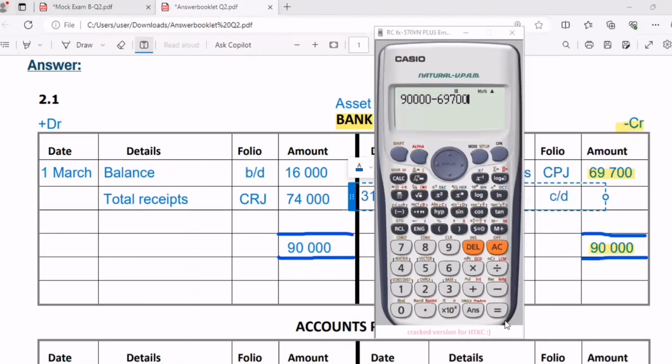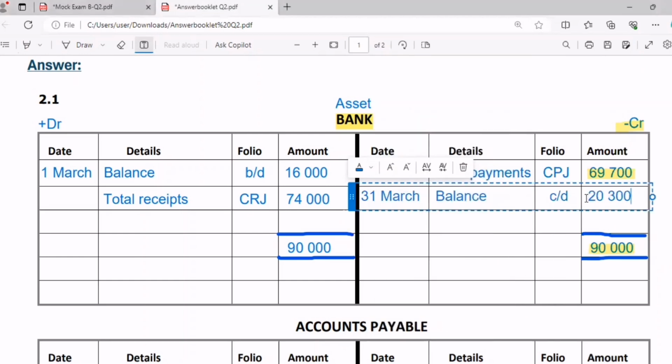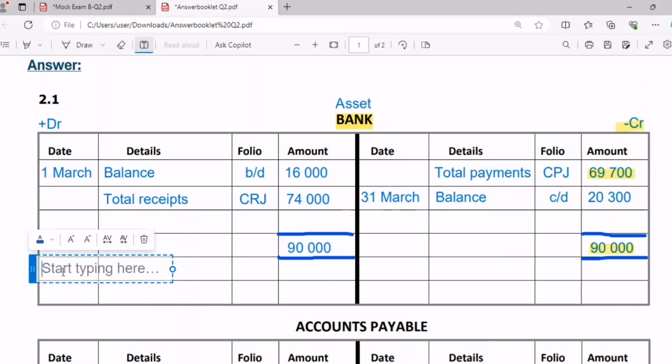So the balancing figure here is 2,300. So now this balance must be transferred to the other side as the brought down. So the very same balance of 2,300, we're gonna transfer it to the opposite side, which is debit side, as balance carried down, which is the closing balance.